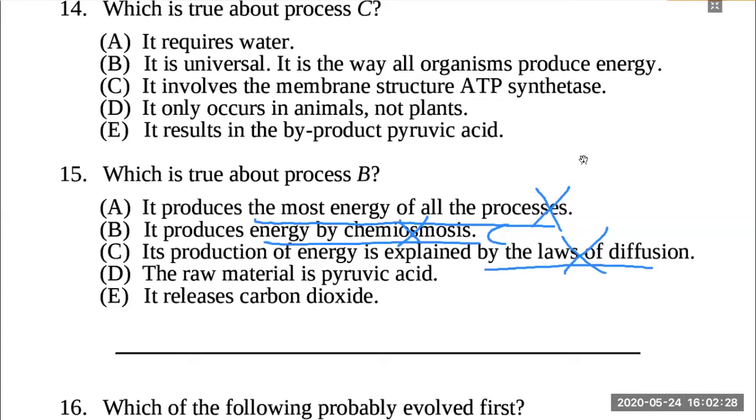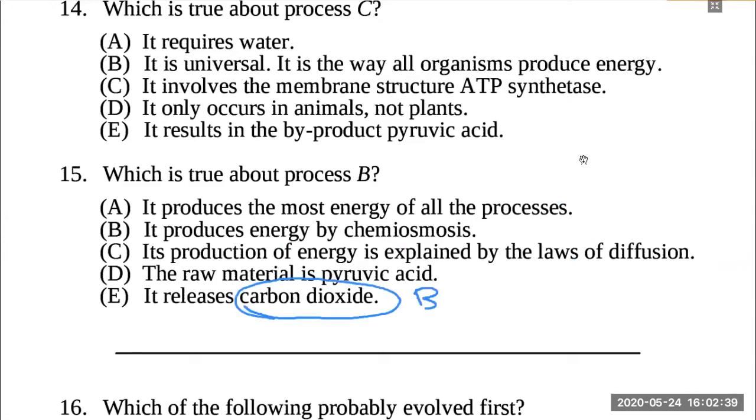Exactly, guys. We know that carbon dioxide is released during which stage? During process B, or we can say Krebs cycle. I am writing Krebs cycle as KC, or we can say citric acid cycle.